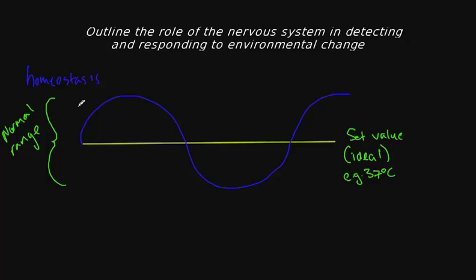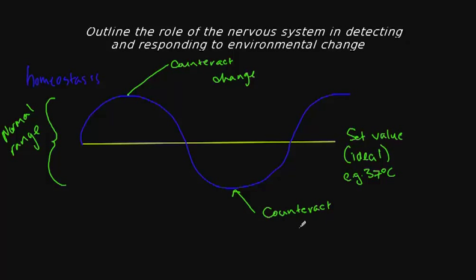Anything outside the normal range will be detected by the body, and the body will then counteract that change. If it gets too high, it counteracts the change. If it was temperature, you begin to sweat, and at the lower level, the body counteracts the change.